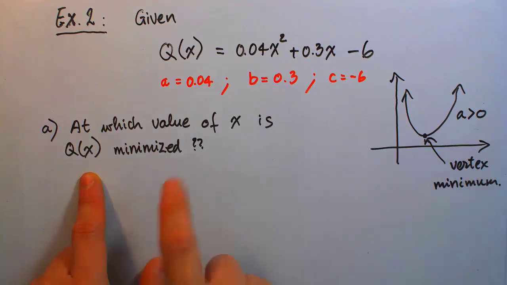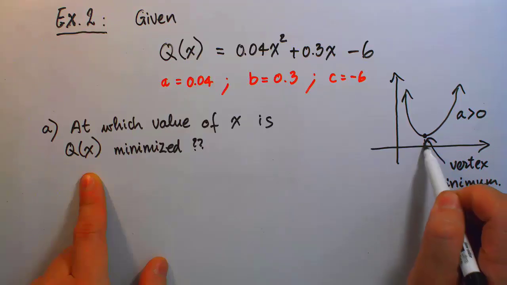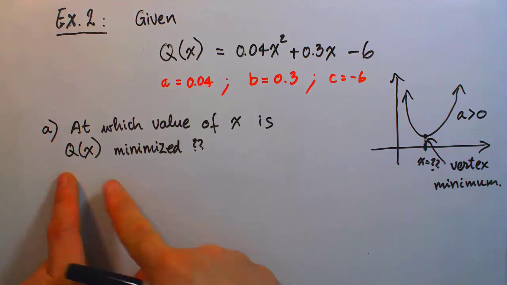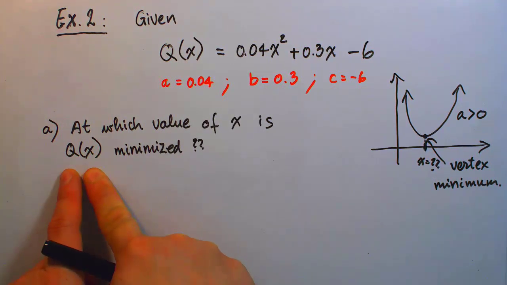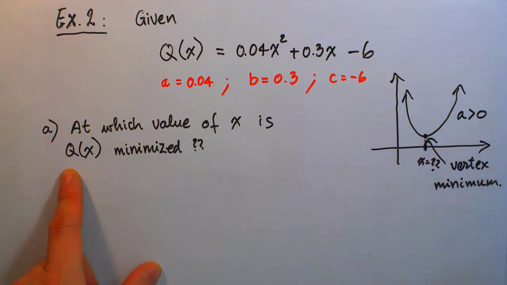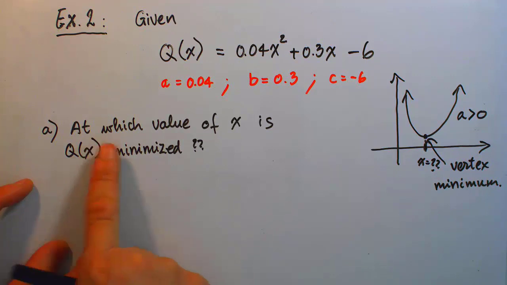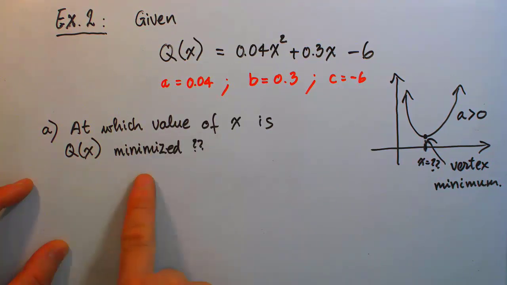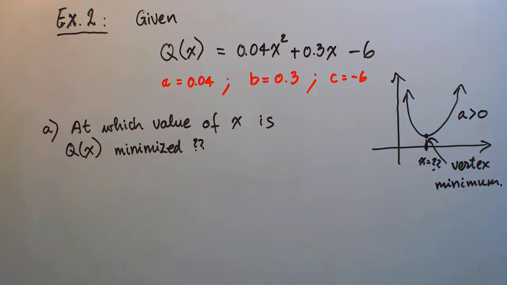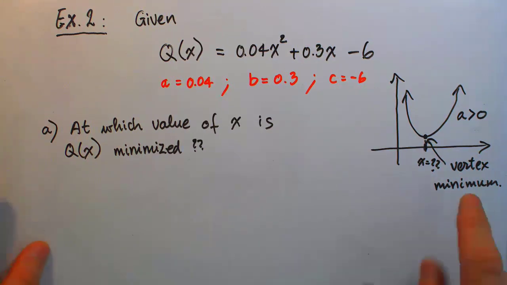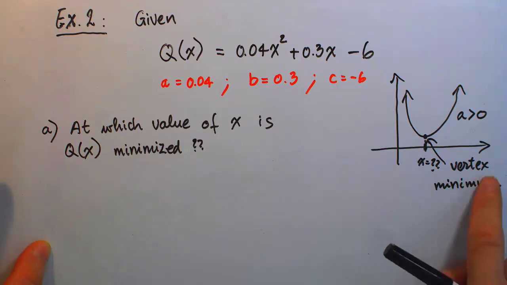And so we want to find out which value of x on the x-axis is responsible for having the output value of q of x being at its lowest, at its minimum. And that's what it means by at which value of x is q of x minimized, a short and precise way of saying that. But in the end, being a minimum like in this problem or a maximum like in the earlier example, they are just different names for saying we have a vertex right here.